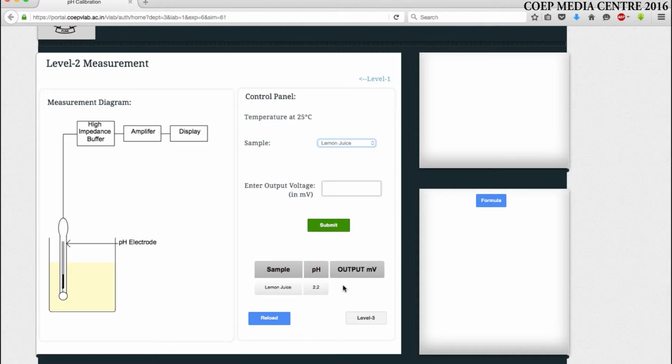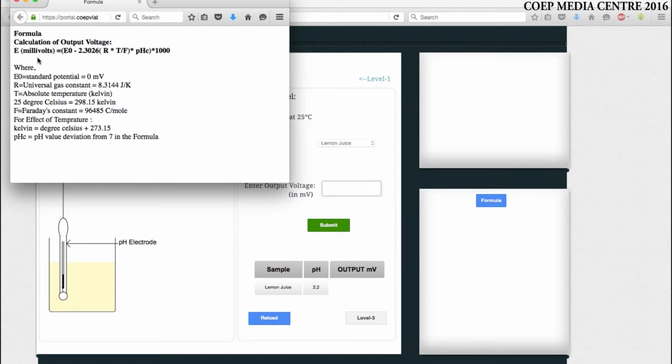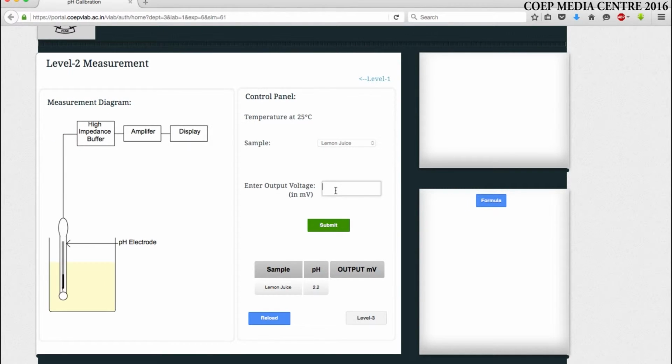You will have to calculate what will be the output from a standard graph, or you can do it using the formula calculation for the output voltage E based on the material. So if you add the value here, it is 283.97. I click here, and if the answer is correct, the value will be accepted. Now you can do it using various other materials and calculate the value.